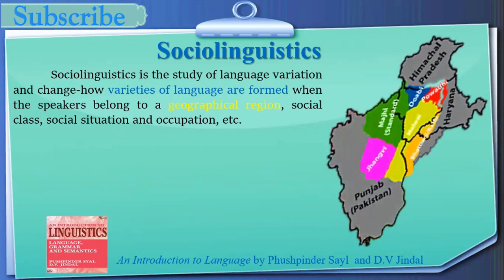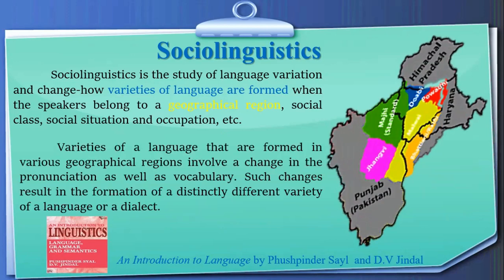Different regions carry different variations, or different varieties, of a single language. Varieties of a language that are formed in various geographical regions involve changes in pronunciation as well as vocabulary. Such changes result in the formation of a distinctly different variety of a language, or dialect. So languages from different regions, just because of the differences in geographical regions, carry different varieties.